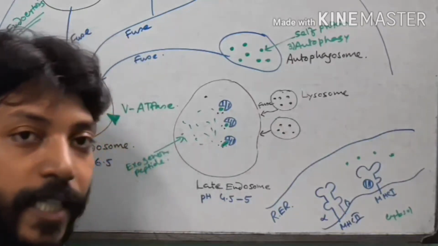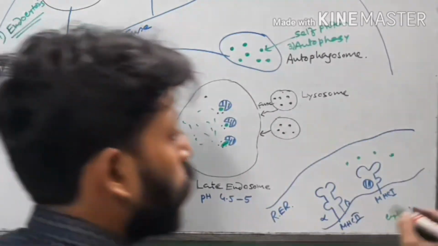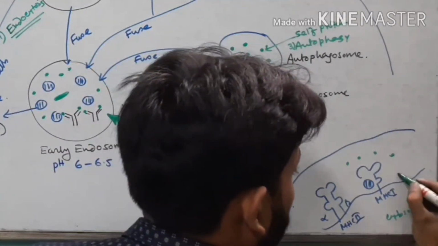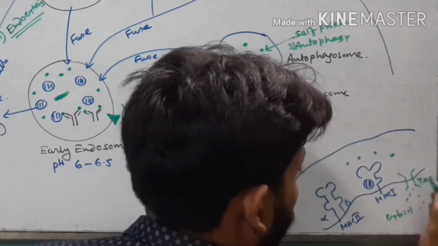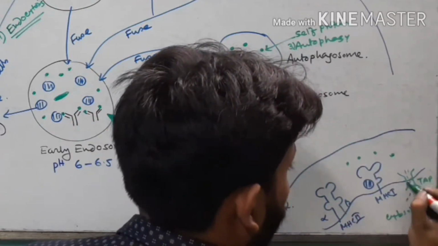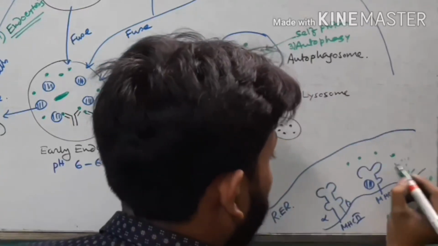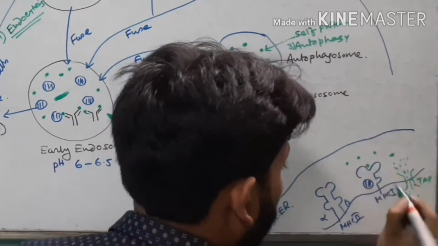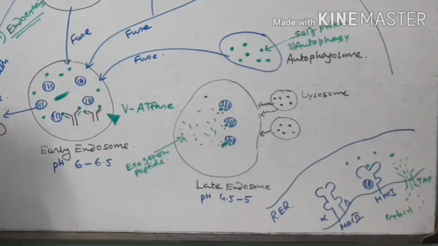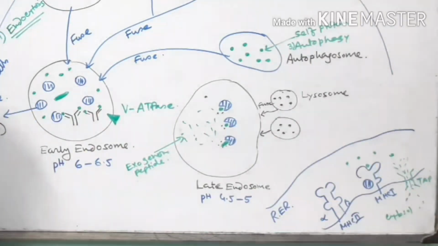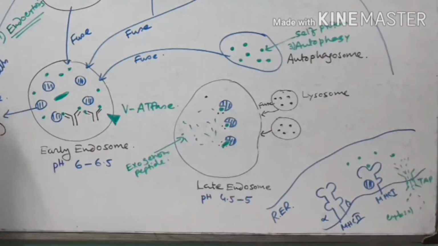These proteasomes cleave the endogenous proteins into peptide fragments, and there is a gateway called TAP protein. This TAP protein helps this peptide molecule enter the RER. Now this peptide molecule binds with this MHC1 molecule. So antigen loading in case of MHC1 molecule occurs in the rough endoplasmic reticulum.